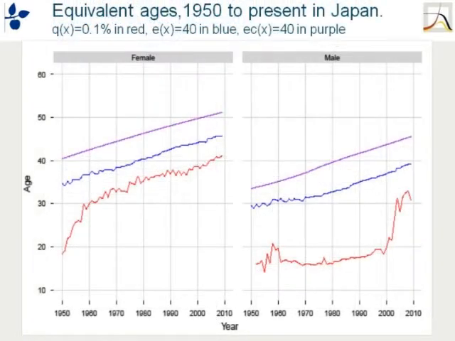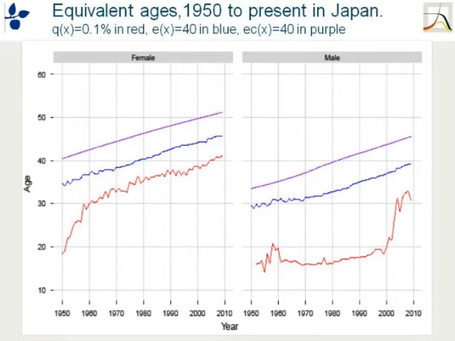Here, just to give you another example, this is for men and women in Japan. The red line gives you ages of equivalent mortality when the chance of death is 1 in 1,000. And you can see that in 1950, 20-year-old Japanese had a chance of death of 1 in 1,000, and now it's age 40, for the females.